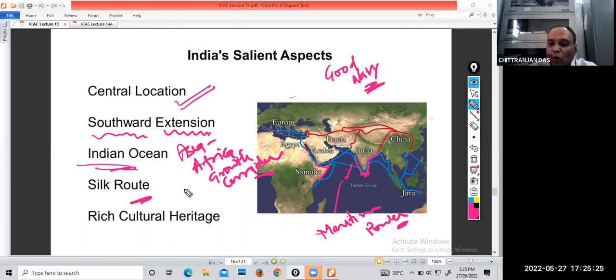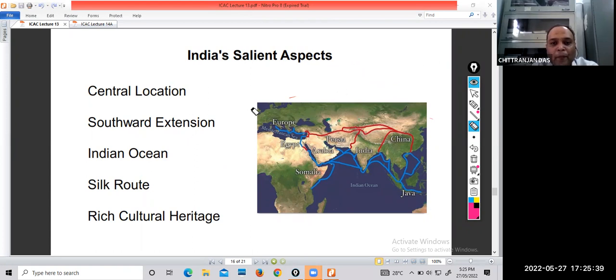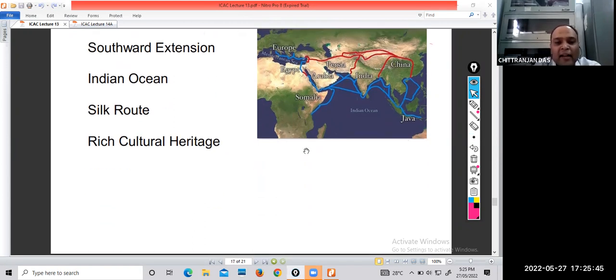This is reflected in its architecture, in its food, and in so many other things. So this is, in a nutshell, some information about the country.